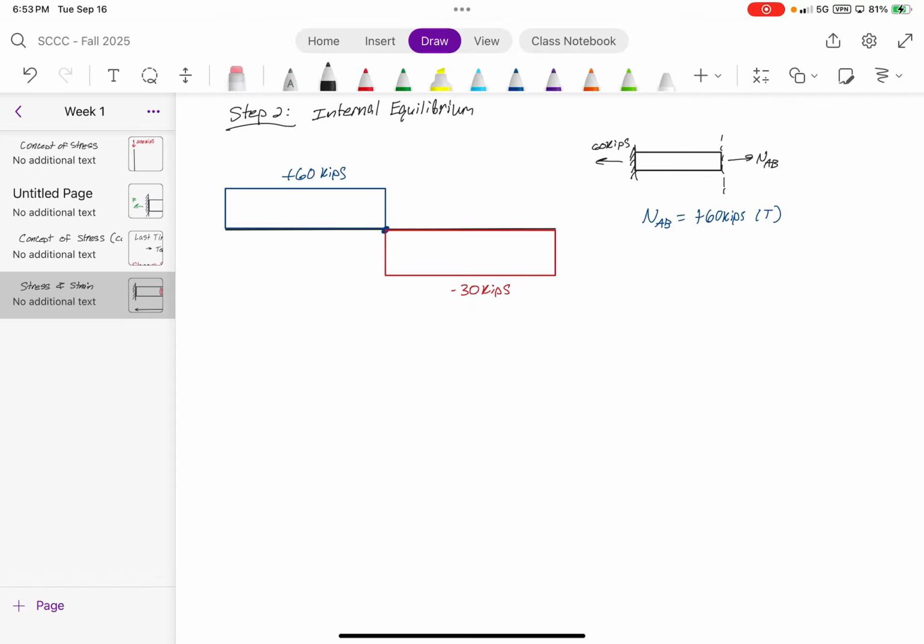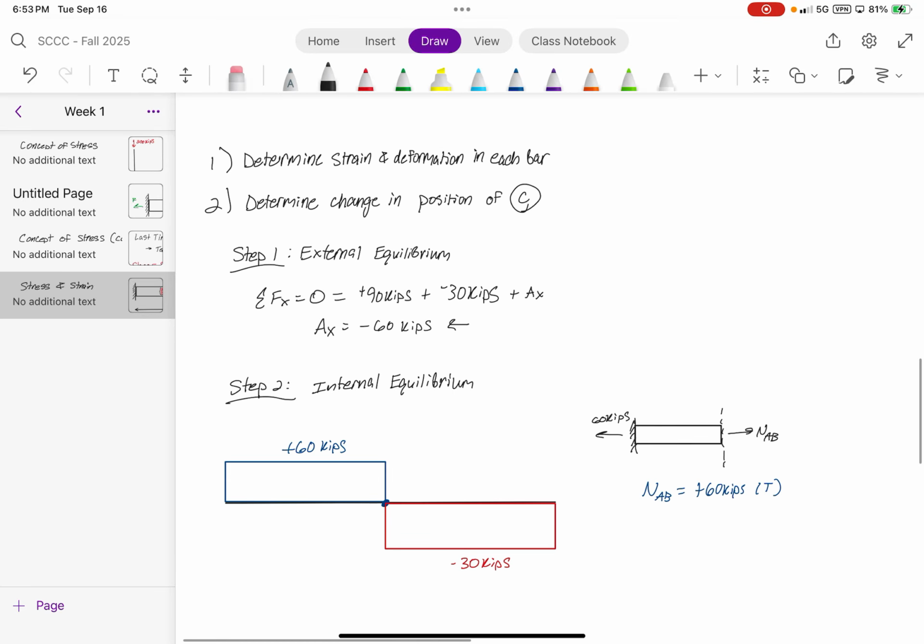From here now, we can begin to compute the deformations that each bar feels from its own internal force. So let's look at bar AB.